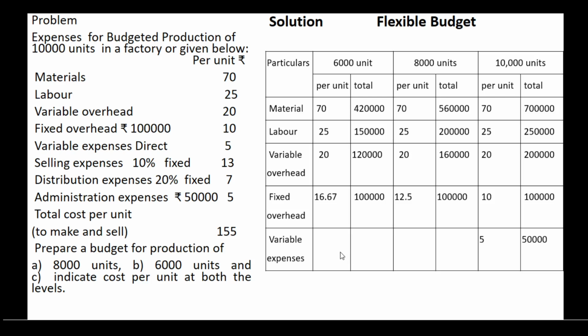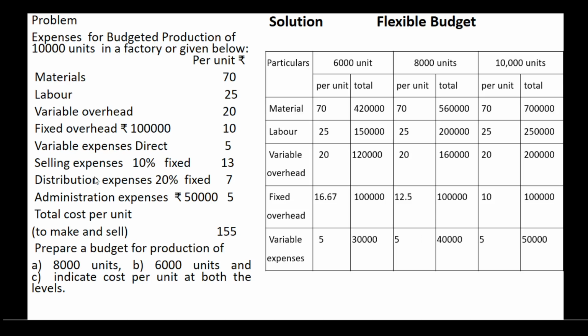Here also under the 6,000 units, the cost per unit is rupees 5 and the total amount is calculated as 5 into 6,000. So now the total amount is rupees 30,000. Similarly for the 8,000 units, the cost per unit is rupees 5 and 5 into 8,000 units. So the total amount is 40,000 rupees.